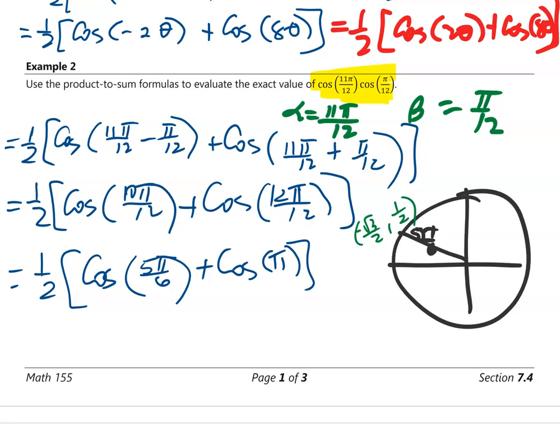So cosine is negative square root of 3 over 2. So this is equal to 1/2 of negative square root of 3 over 2 plus, how about cosine of pi? Pi is this with the coordinates negative 1, 0. So cosine is negative 1.